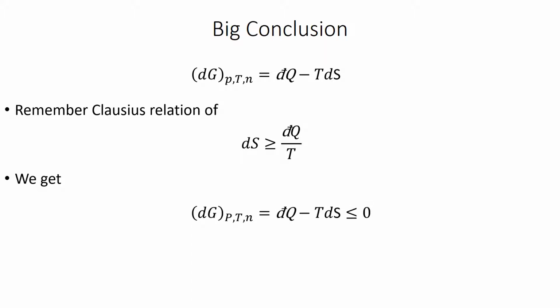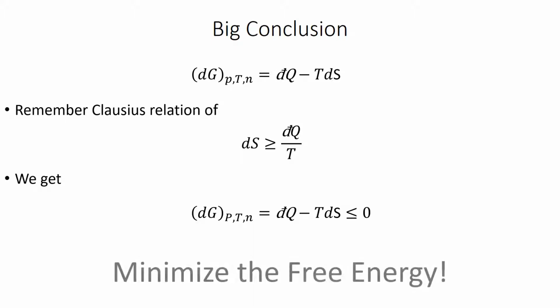So we do a substitution, or we recognize actually that the change in the Gibbs free energy has to be equal to or less than 0. And this is one of the big conclusions I hope you would burn into your memories: when it comes to the Gibbs free energy, if you want to know whether something is going to happen to your chemical system, all you have to ask is, does it minimize the free energy?